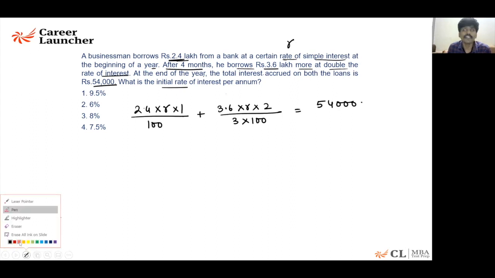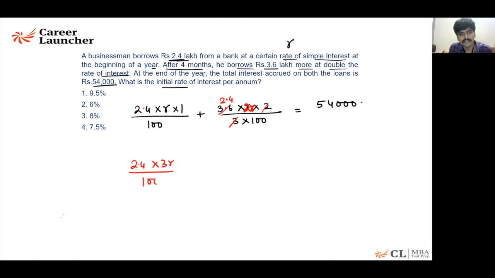Now it is one equation, one unknown, solve for R. So what we will get over here is 2.4, 3.6. This is 1.2 times, and then there is into 2. So this becomes 2.4. And the rate of interest in the second case is, pardon me, it is 2R. So what we have over here is 2.4 into 3R by 100 is equal to 54,000.